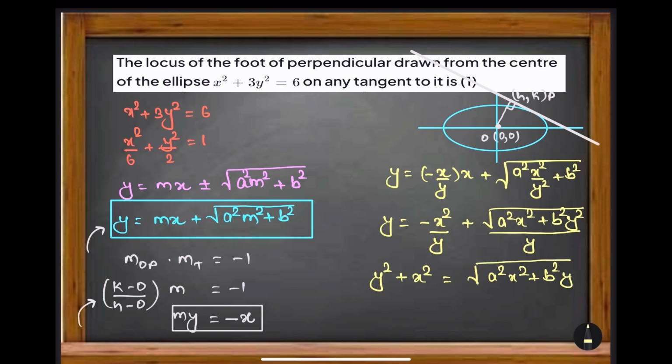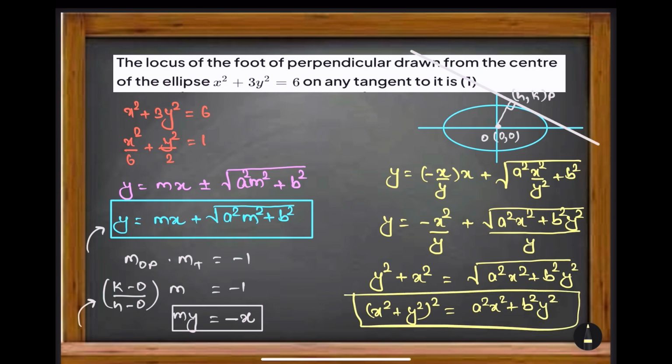Now suppose we are not comfortable with the root. So what should we do? We will go with the square. Squaring both sides, can I write x square plus y square whole square equals a square x square plus b square y square? So this is the required locus. I hope the idea is clear.